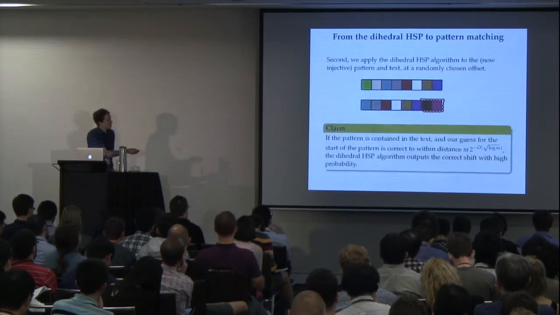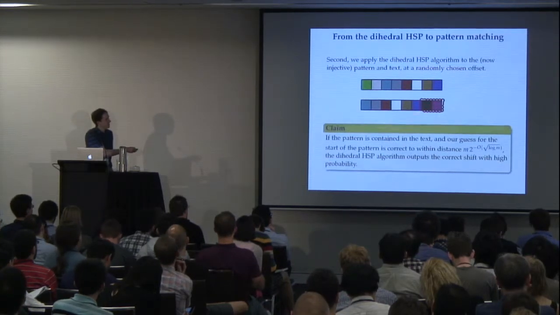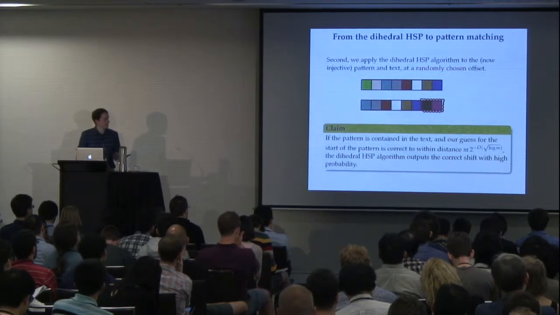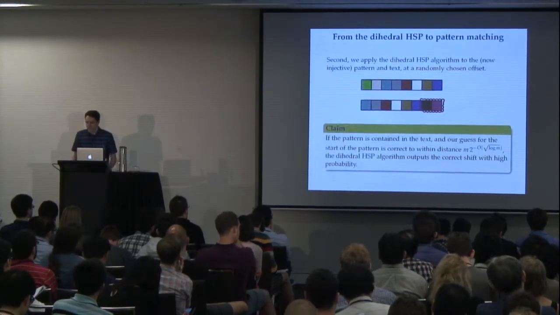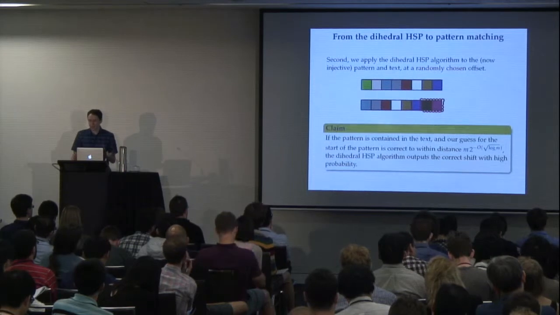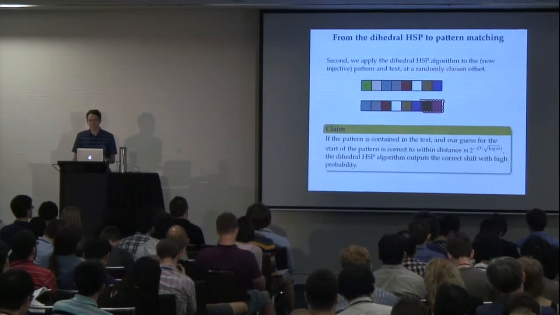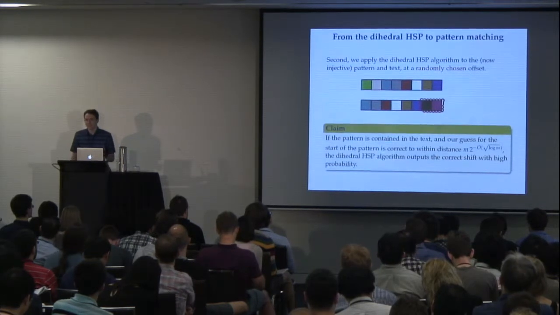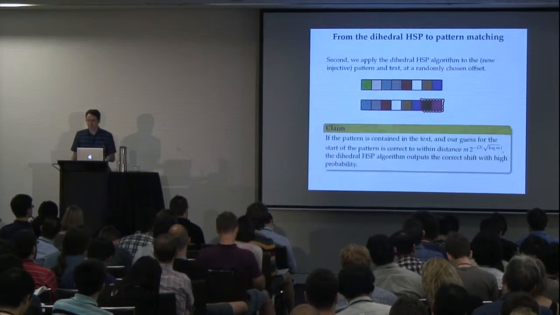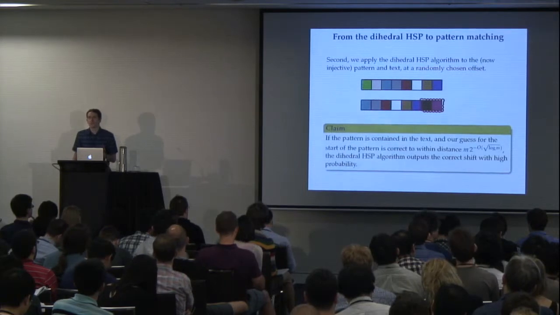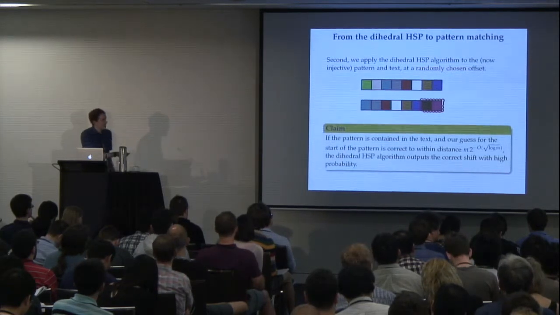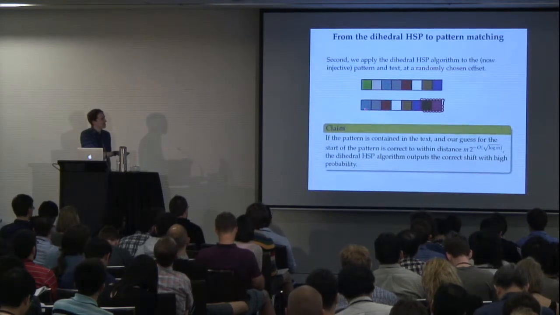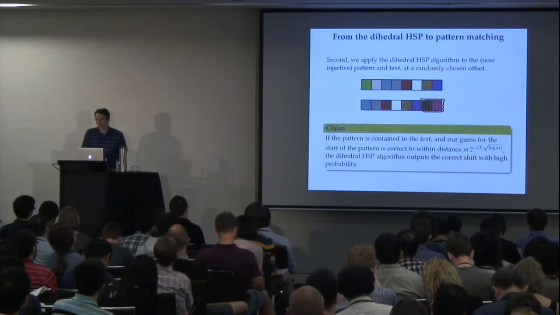So if we change these two things here to green and pink, then the text would match the pattern under shifting modulo m. And if our guess of the starting position is close enough, then we only need to change a few of these characters, and that means that the dihedral hidden subgroup problem algorithm won't notice the difference between this original pattern here and the one with the couple of symbols changed.